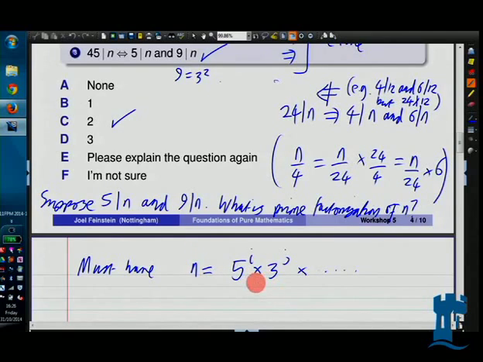Moreover, obviously i is at least 1, but j has to be at least 2, or you can't get 9 to divide into n. So with i greater or equal to 1, since 5 goes into n, and j greater or equal to 2, since 3 squared goes into n.